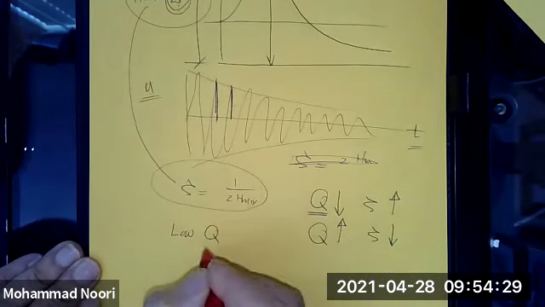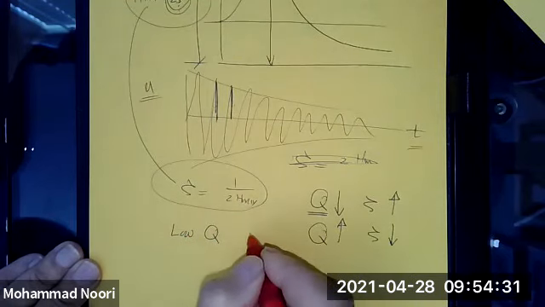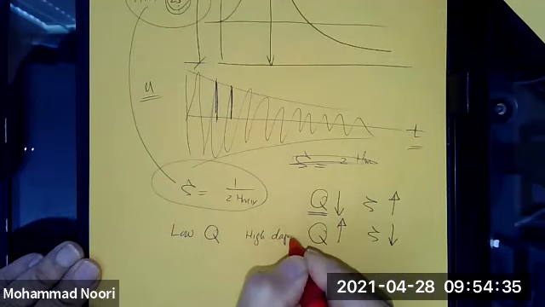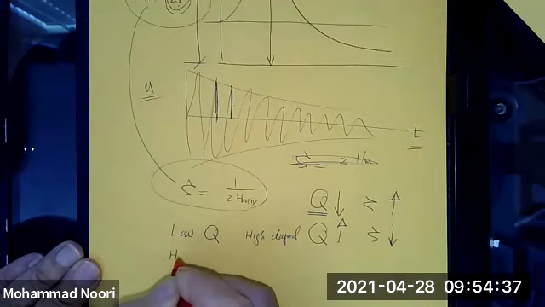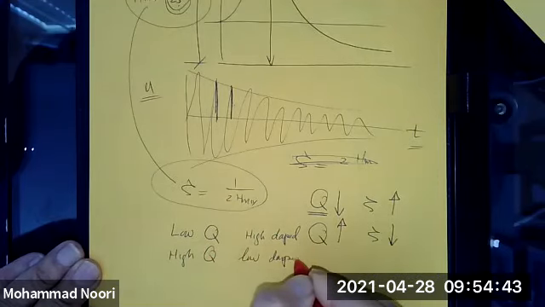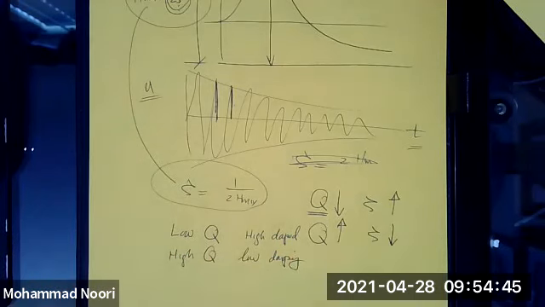A low Q system means high damping, or highly damped. A high Q system means low damping. And of course, we prefer, depending on the situation, either a high Q system or a low Q system.